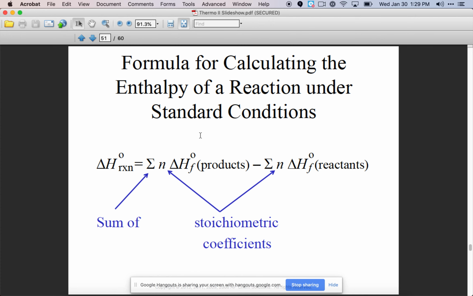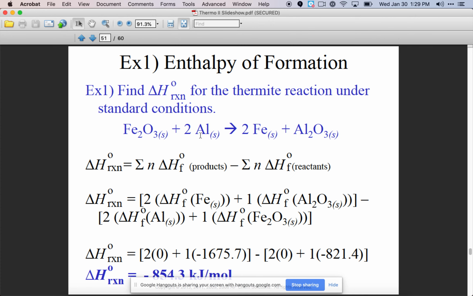Here's an example where they show you the two substances that are in their elemental form, aluminum and iron, so they're going to have a 0 for their heat of formation. But there should be a heat of formation for the iron 3 oxide and the aluminum oxide, and there is. The nice thing is there's a 2 in front of aluminum and iron, but there's 0, so it doesn't matter.